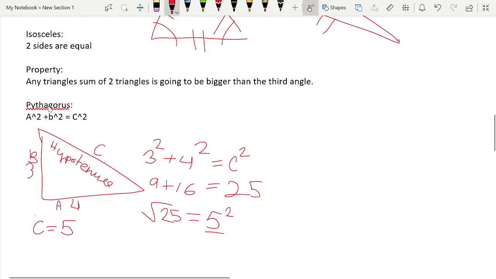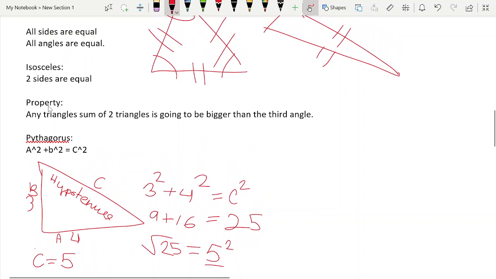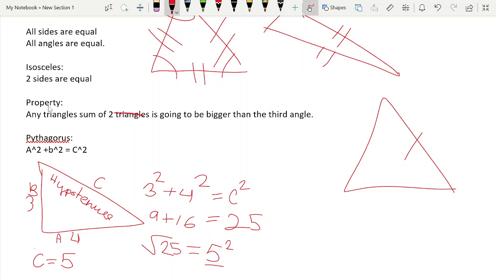And there is another property. In any triangle, the sum of two angles is going to be bigger than the third angle. If you sum up this one and this one, it should be bigger than this angle over here.